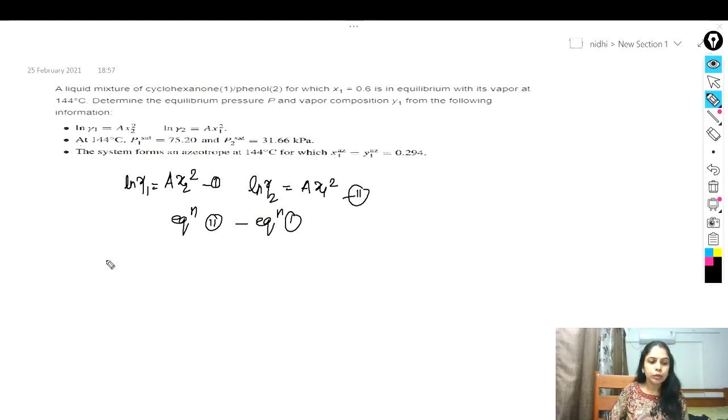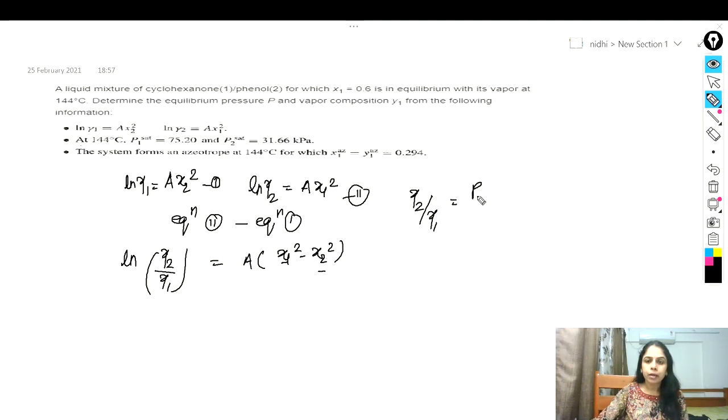Okay, subtraction. So what we get is ln gamma 2 upon gamma 1 is equal to A times x1 square minus x2 square. Now we have these two values, and we know that gamma 2 upon gamma 1 is equal to P1s upon P2s, right? We can substitute P1s upon P2s in place of gamma 2 upon gamma 1, and now we have the value of x1 and x2. So from this relation we can get the value of A. Just substitute the values of P1s and P2s given to us.